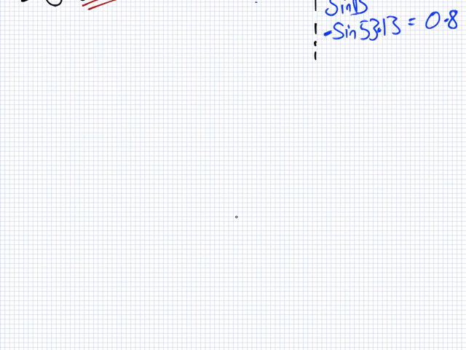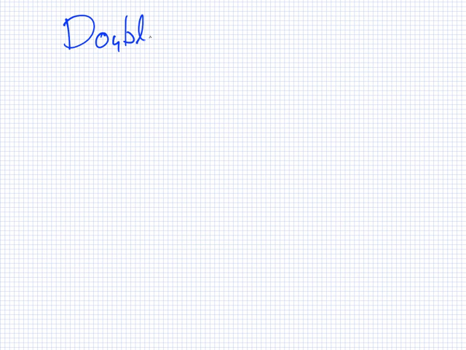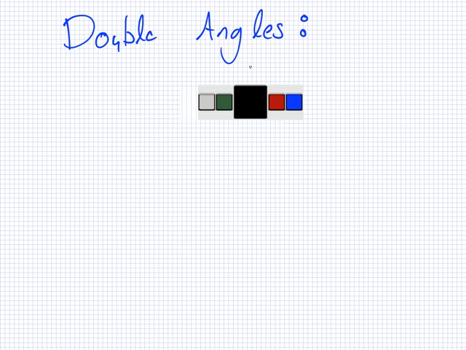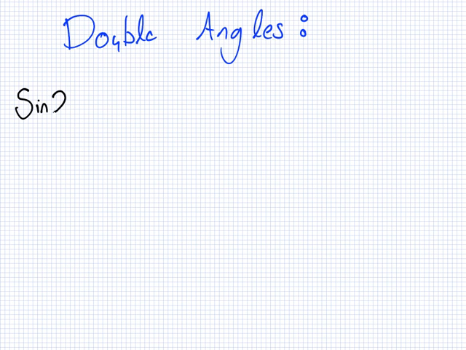Right, so next lesson. Last lesson we were looking at compound angles. In this lesson we're looking at double angles. Nothing really too different. A double angle is an angle like sine 2A, for example.